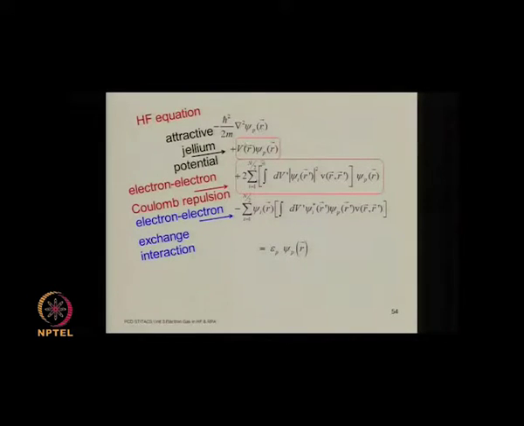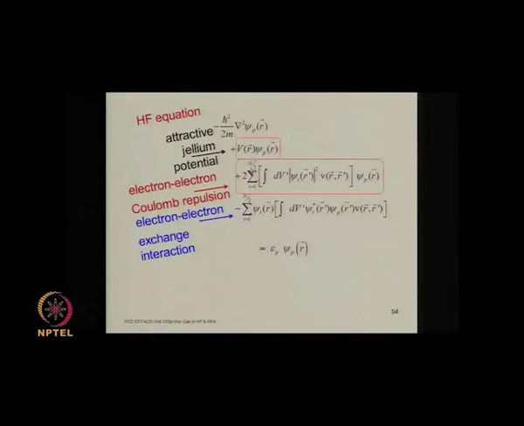Essentially what we are observing is that these two terms in this little box, this is the Jellium potential attraction term, and this is the electron-electron Coulomb repulsion term, V(R, R prime).